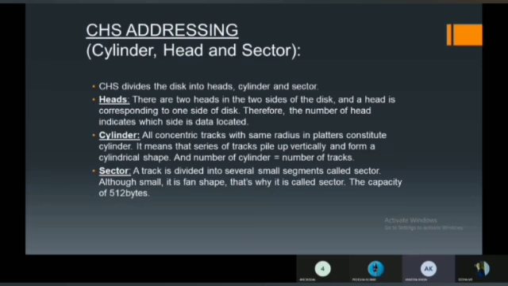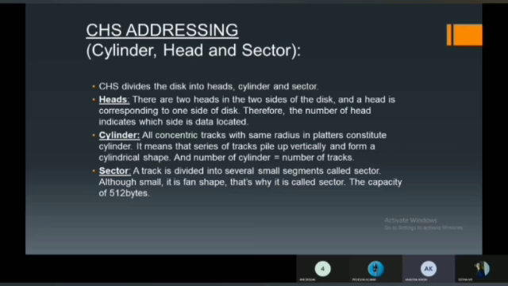The first one I'll discuss is head. The valid range is between 0 and 254 heads. There are two heads, one on each side of the disk, and a head corresponds to one side of the disk. Therefore, the head number indicates on which side the data is located. The next one is cylinder.